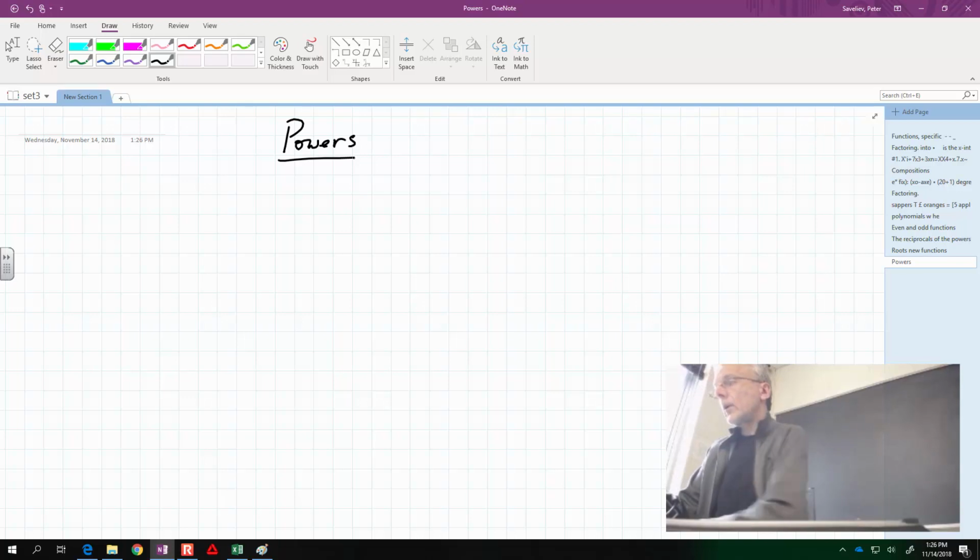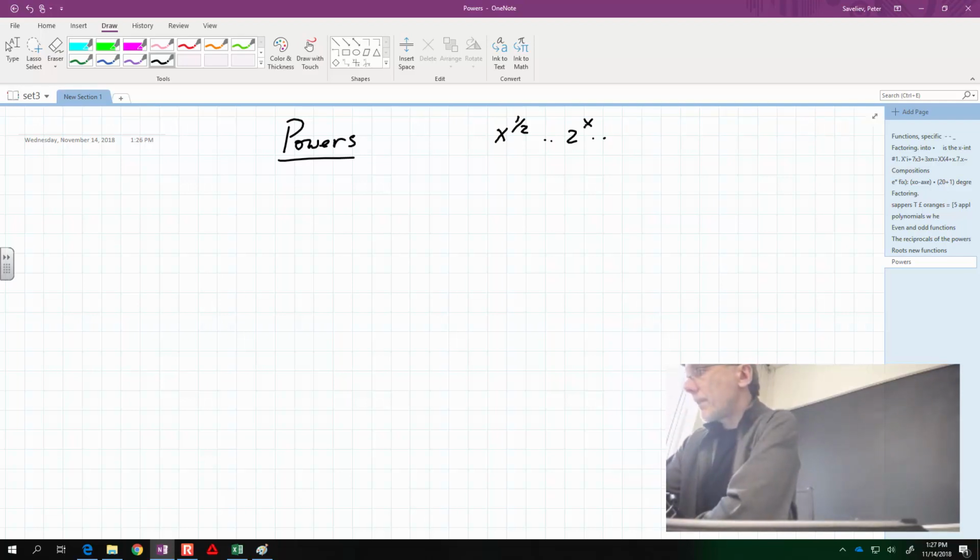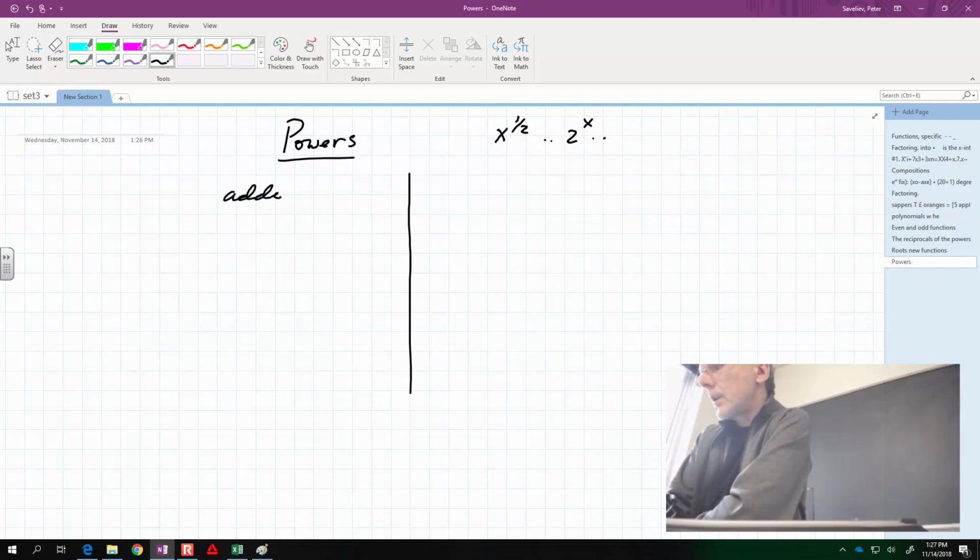There's a lot of confusion about the meaning of x to the 1/2 or 2x and stuff like that. So I want to start at the very beginning, with an analogy between addition and multiplication.